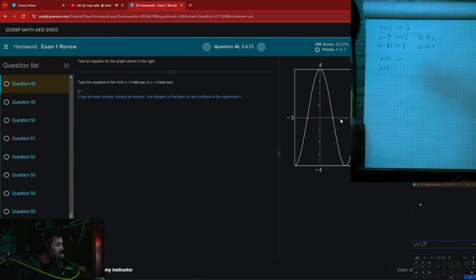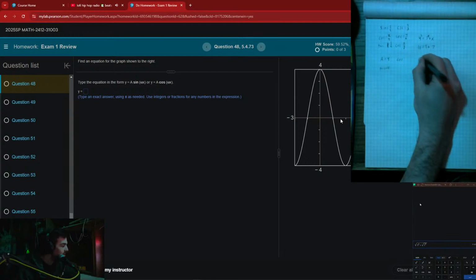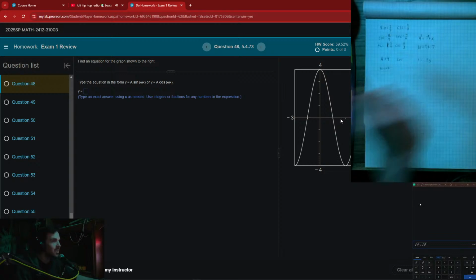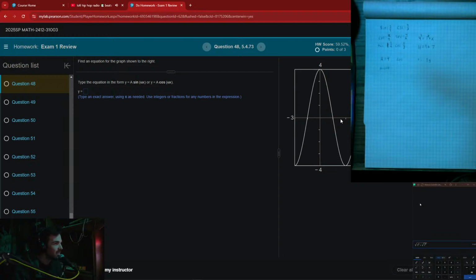So, if it was a sine function, it would have the phase shift of plus minus 3. I think that's how that works. So I'm going to try and write it as a sine function just for fun. No, because the phase shift would not be 3.